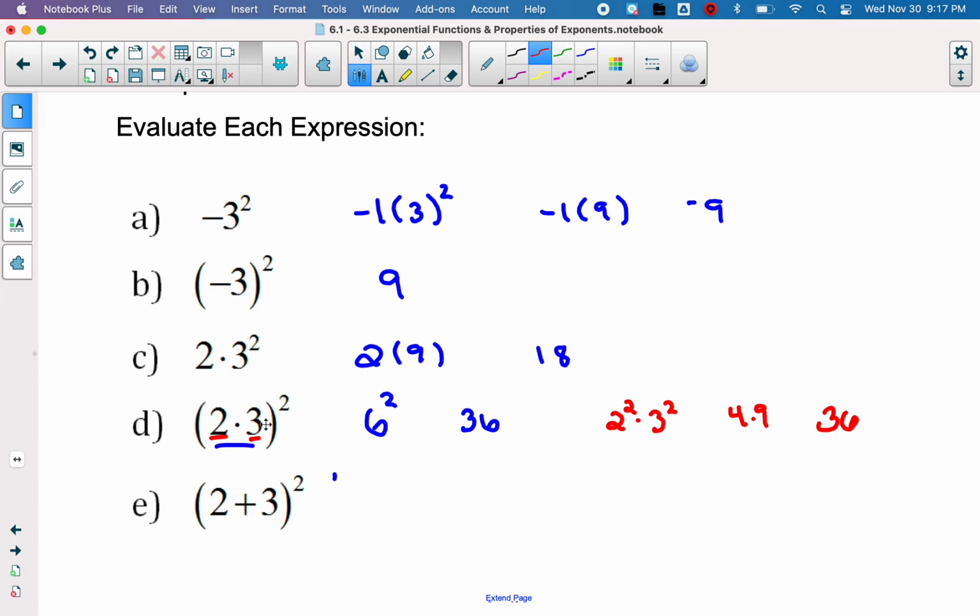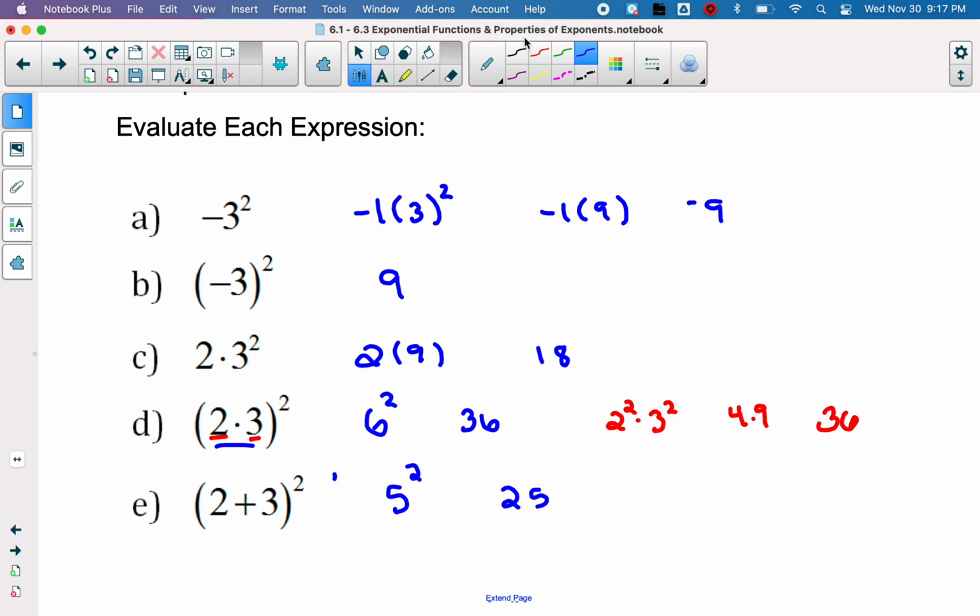However, sometimes you're going to have variables in the base, and you have no other choice but to raise each factor individually. Down below at E, order of operations runs this as well. 2 plus 3 here is 5, so this is really 5 squared, which is then 25.